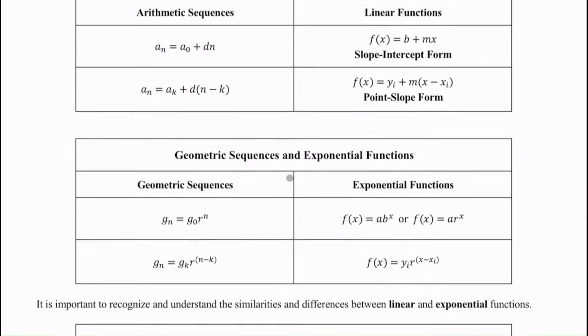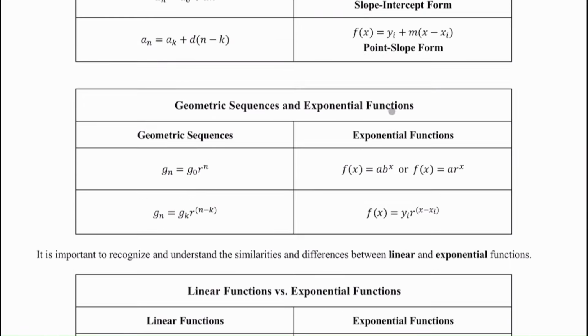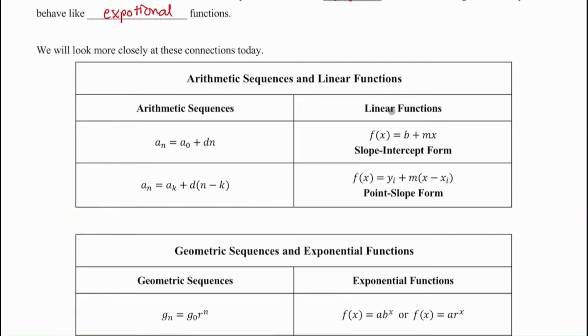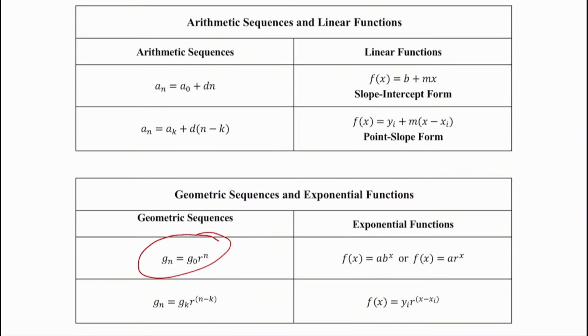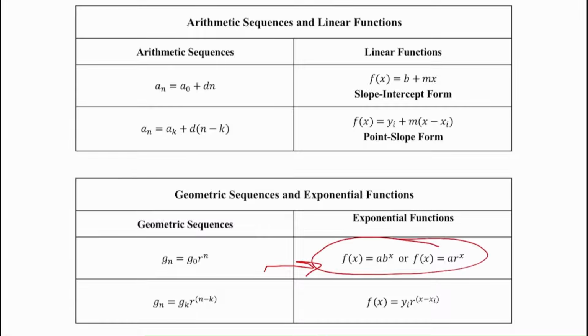Then when we look at geometric sequences and exponential functions, we see the equation with the initial term, or the first equation, is similar to a regular exponential function right here. Or you can say this, using r instead of b, but they're both just the common ratio, what it's increasing or decreasing by.